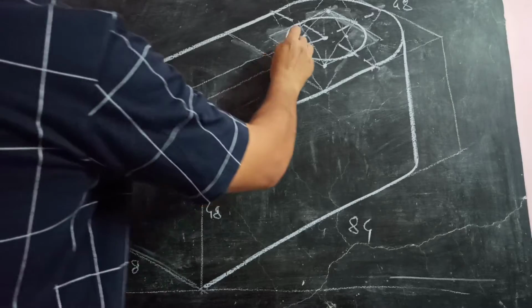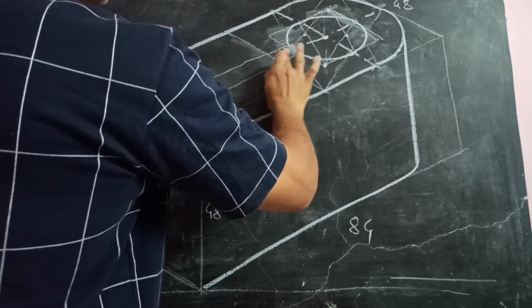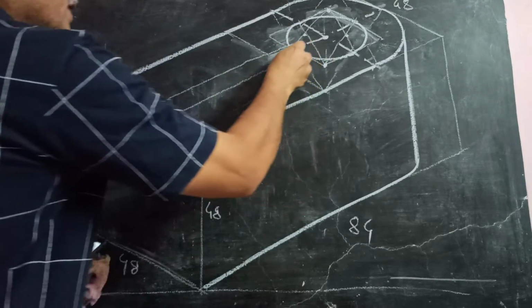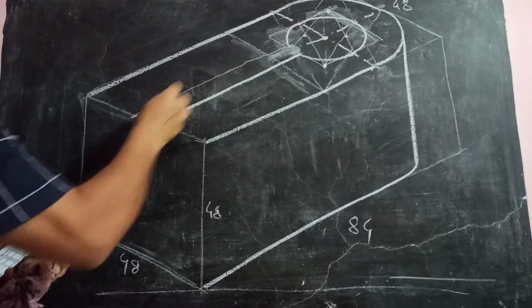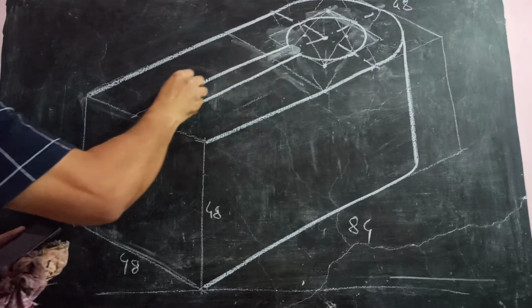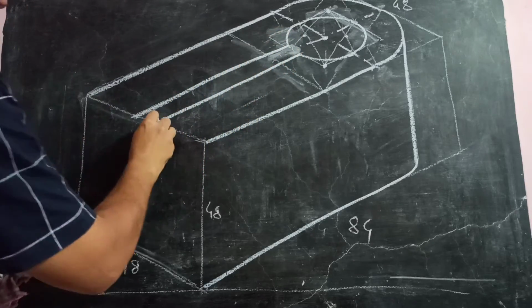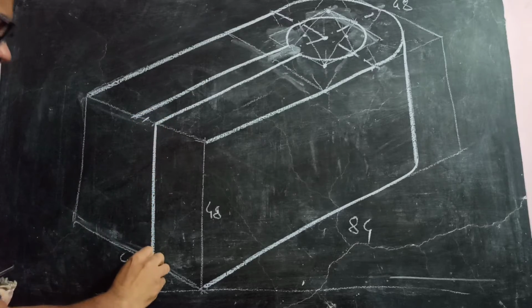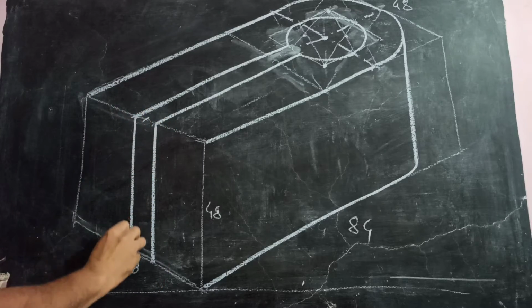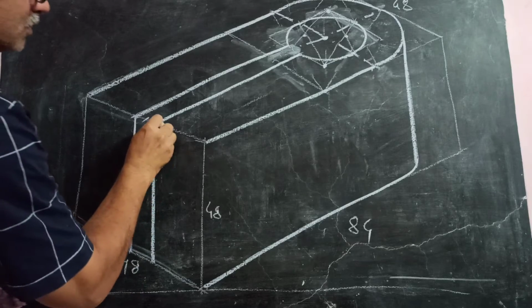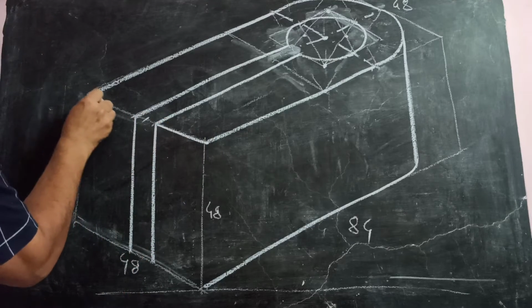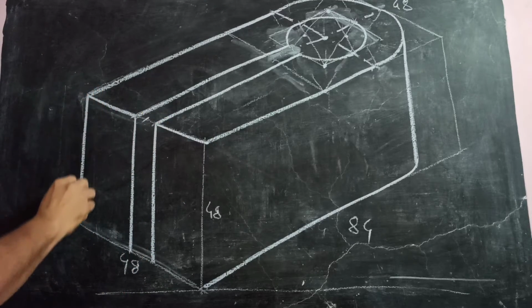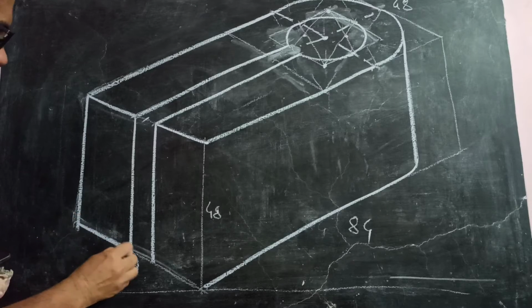So you can rub this, you can find out. So make it dark. You can project it parallel to this. This will be dark, this will be dark, this will be dark, and this will.